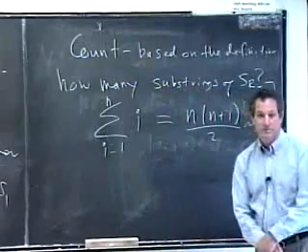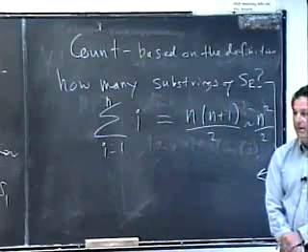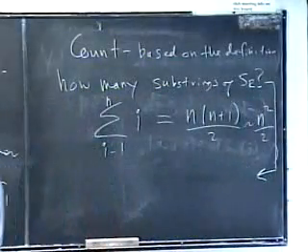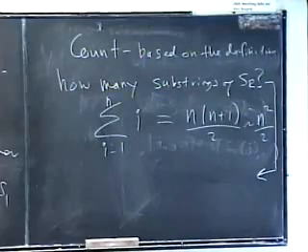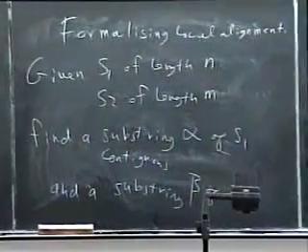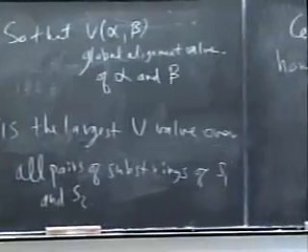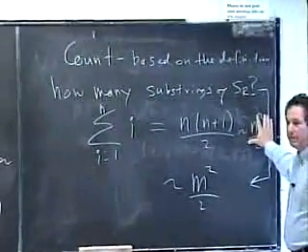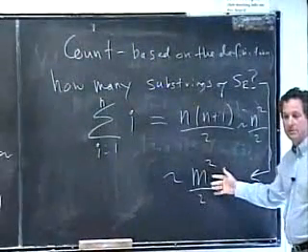Well, what do we know about the length of S2? It's length m. So that's about m squared over 2. So we've got n squared, roughly, substrings of S1, and m squared of S2.